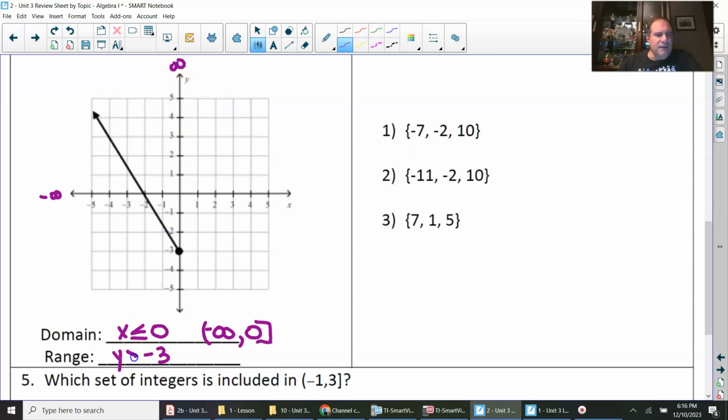So y is greater than or equal to -3, because it goes increasing up all the way. And then the bracket is on -3 and a parenthesis on positive infinity because it goes in that direction forever.